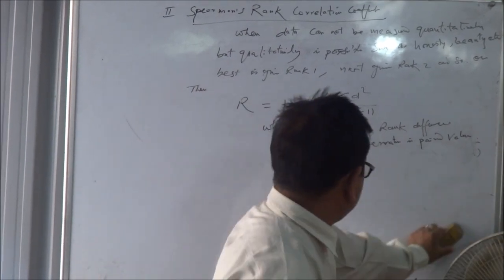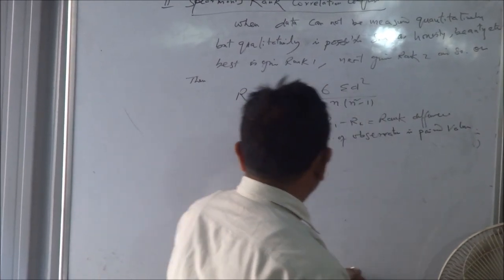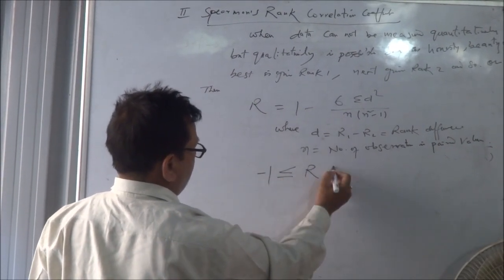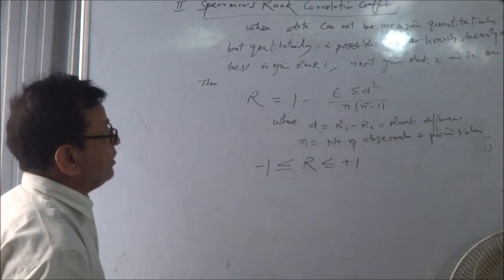And one thing you should keep in mind is that the value of r always lies between -1 and +1. That is a very important thing.